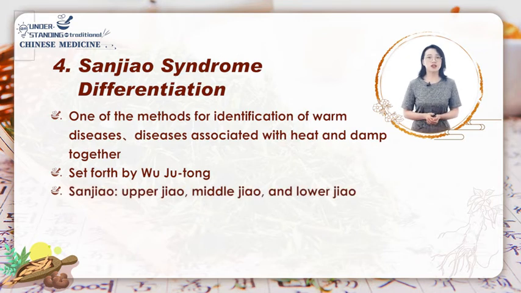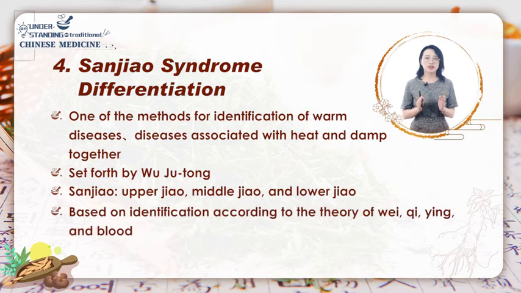The Sanjiao is composed of the upper jiao, middle jiao, and lower jiao. I think you know it. The theory is based on identification according to the theory of Wei Qi Ying and blood. Wu Jutong used the Sanjiao as the principle for the pathologic changes and clinical manifestations of the zangfu organs, which relate to the Sanjiao theory and indicate different stages over the course of warm heat disease.